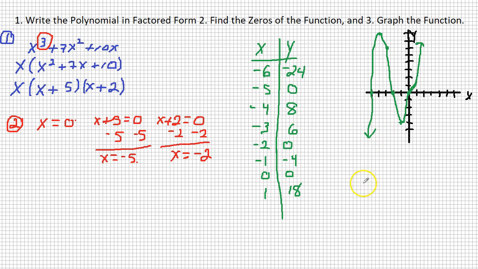I'm just not very steady. Okay, now that is an estimate of our graph. Not too bad. And it is what a cubic function looks like. You notice two curves right up here, somewhere around where x is -4 and y is 8. And another curve down here around where x is -1 and y is at -4.